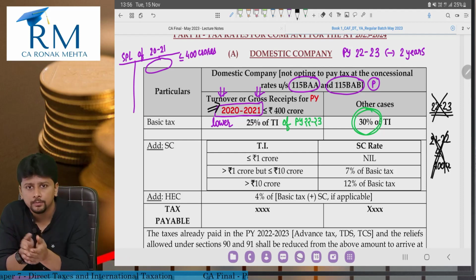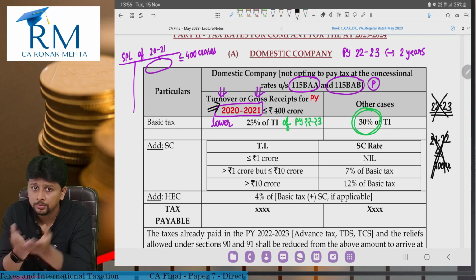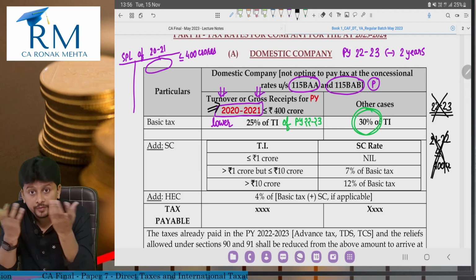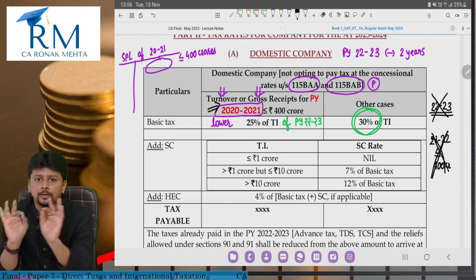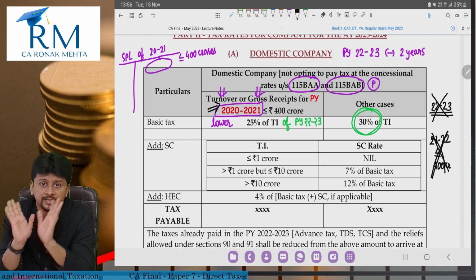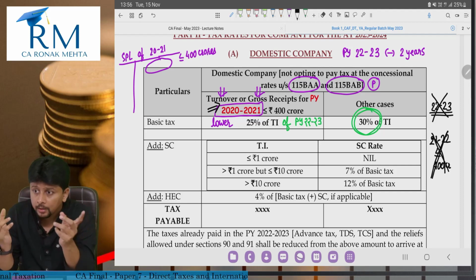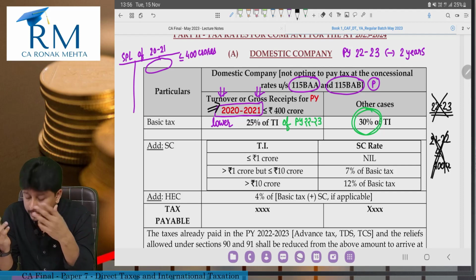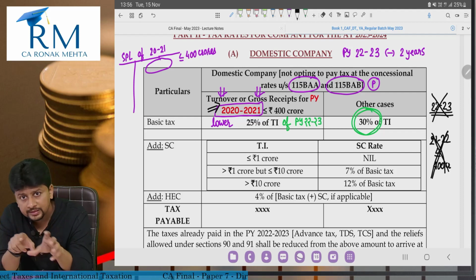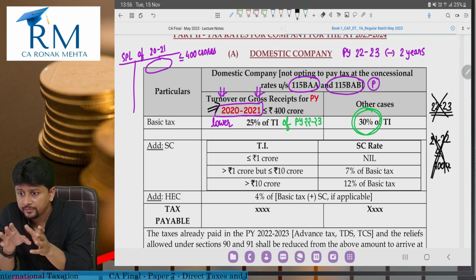But small companies whose turnover 2 years ago was 1 crore, 20, 30 crores, 40, 50 lakhs, they will get a benefit that you will just have to pay 25% of your total income as tax. And if you understand maths, you'll understand that this is not just a gap of 5%. This is not just a difference of 5%, 30 and 25.